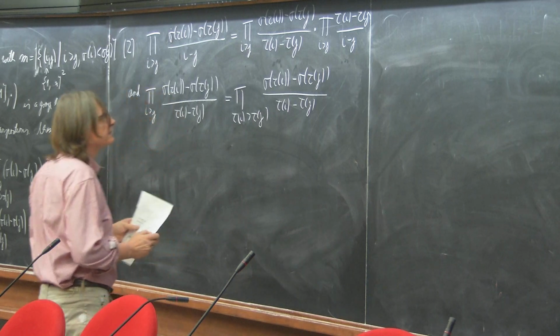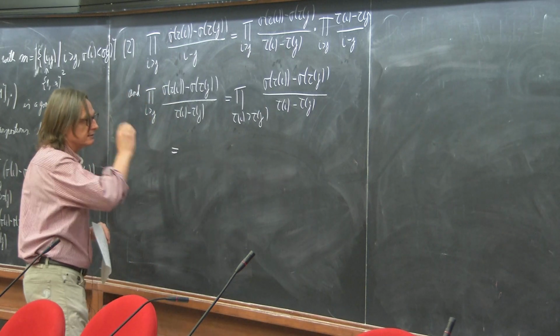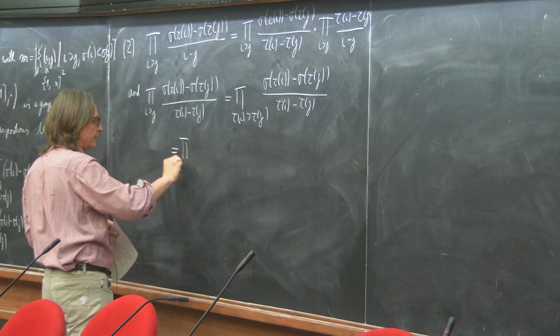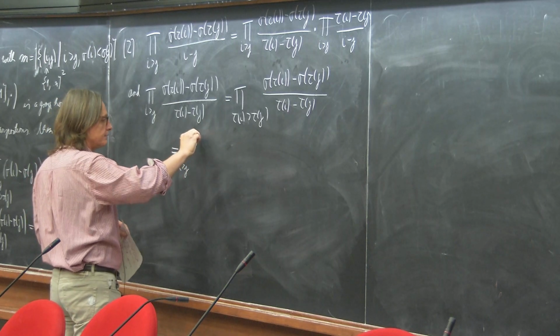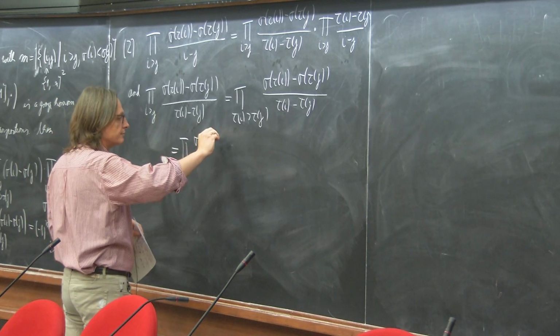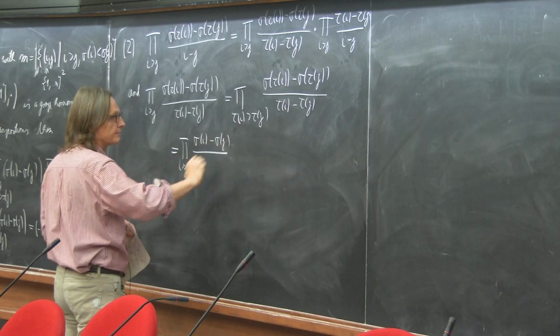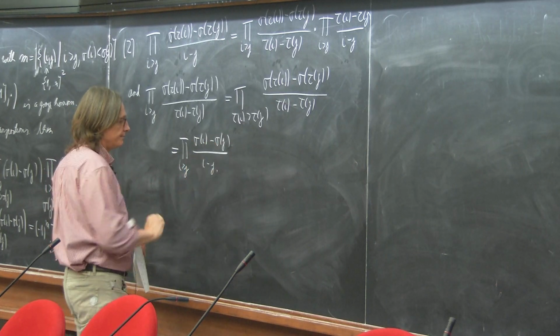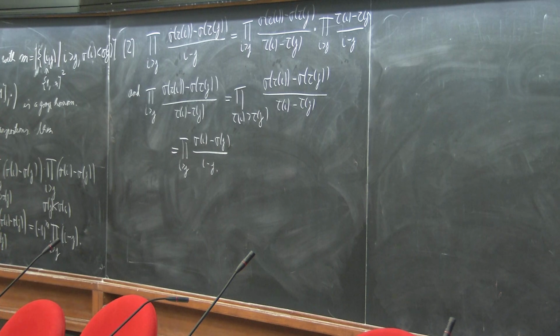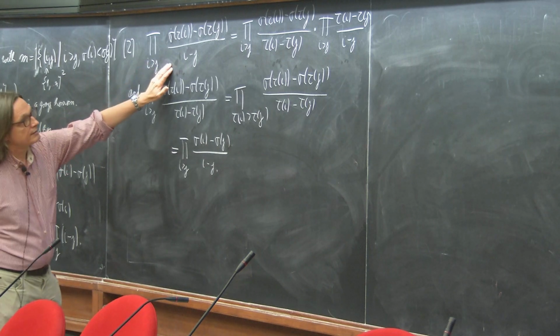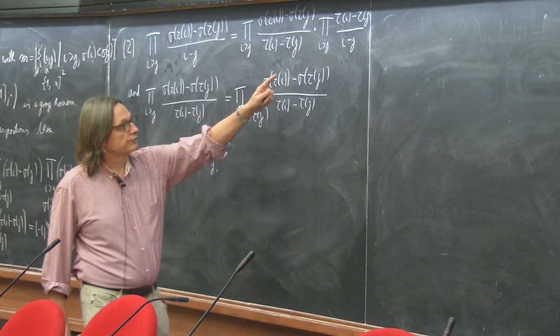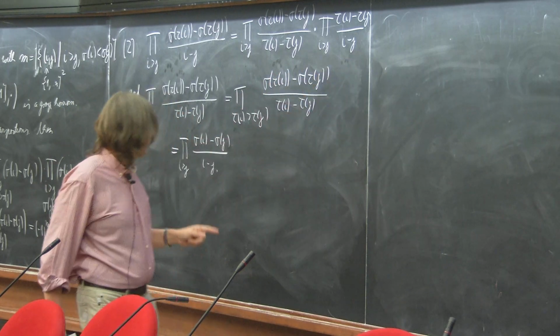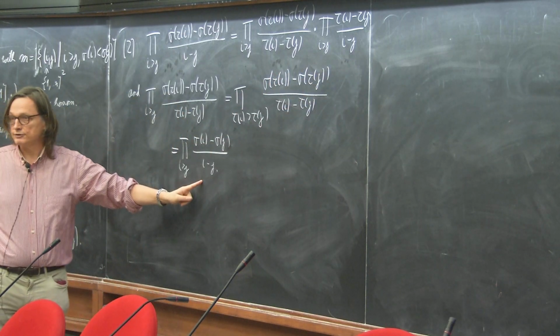Oh, no, that's precisely right. So this is then equal to the product over all i bigger than j of sigma of i minus sigma of j divided by i minus j. And so we find that this thing is equal to the corresponding thing for tau times the corresponding thing for sigma. And so it's a homomorphism.